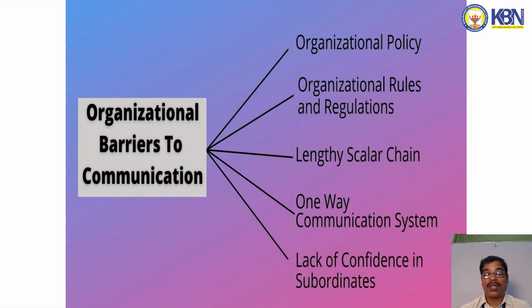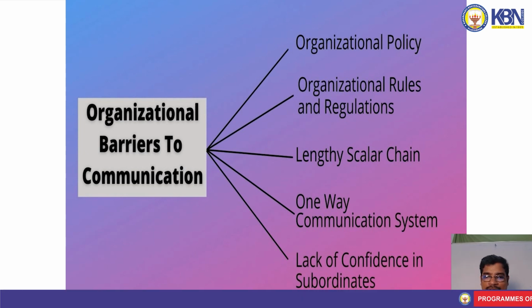Suppose an employee wants to take permission or a signature from many people, at that point the employee gets stuck. So a lengthy scalar chain is also an organizational barrier to communication.